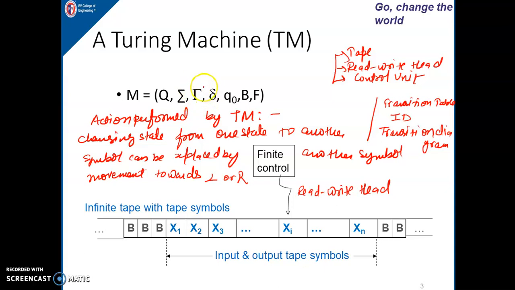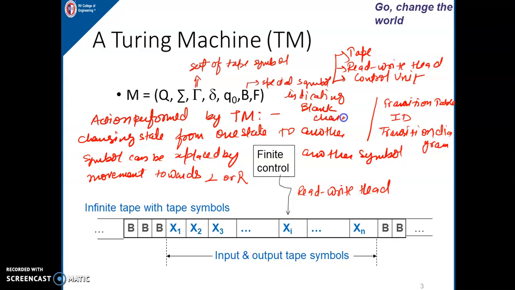This symbol is called the tape symbol, a set of tape symbols, and this B we have seen here is the blank symbol. This B is a special symbol indicating the blank character.